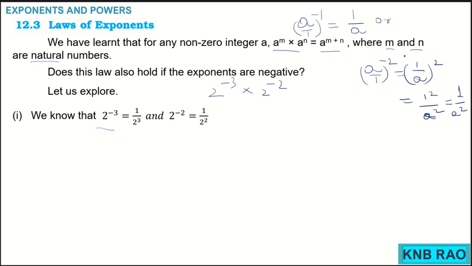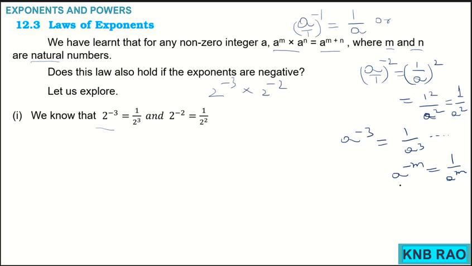Similarly, a to the power minus 3 can be written as 1 upon a cube, and so on. It becomes a power minus m written as 1 upon a power m. This is what you have learnt in your class 7th.